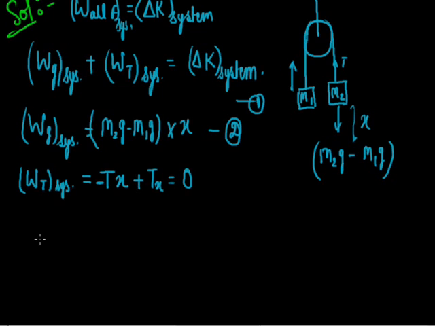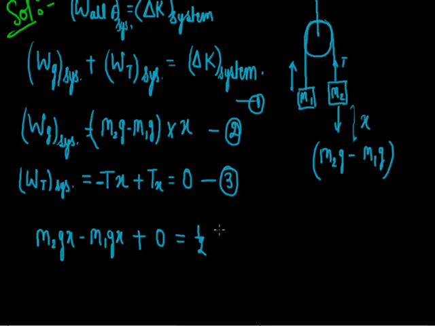Now, this is equation number 3. By equation 1, we can write work done by gravity, m2gx minus m1gx, plus work done by tension, which is 0, equals the total kinetic energy of the system, which is half m1 plus m2 times v square, which we have to find.